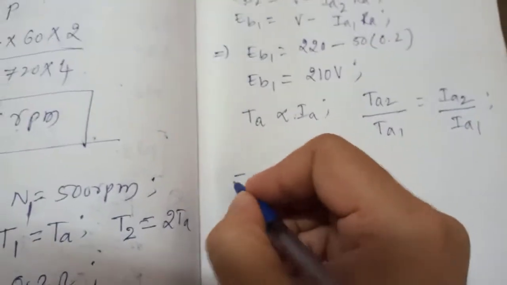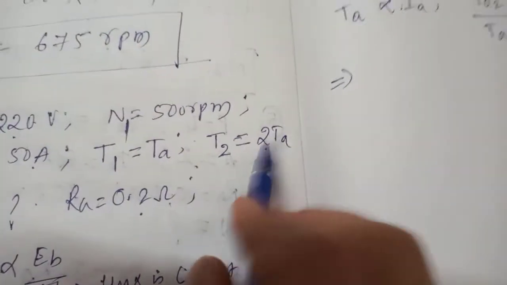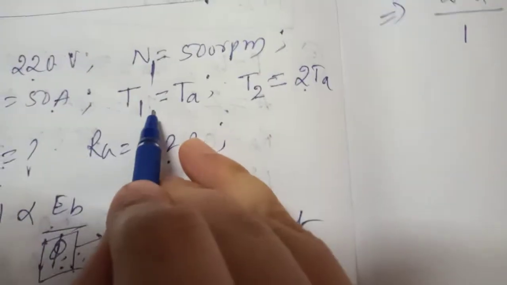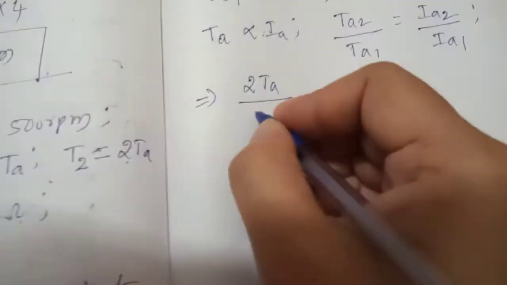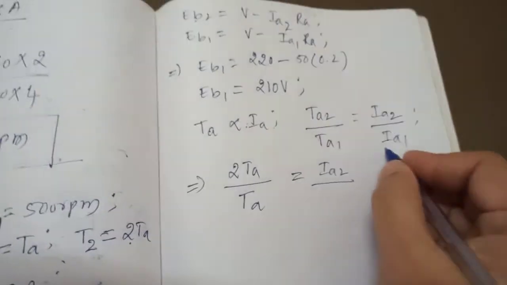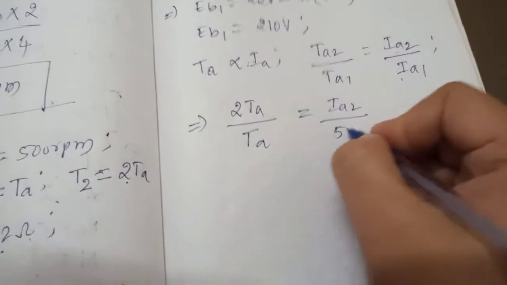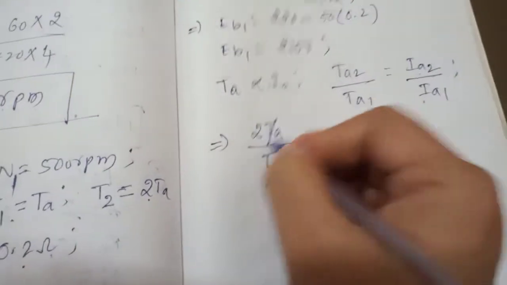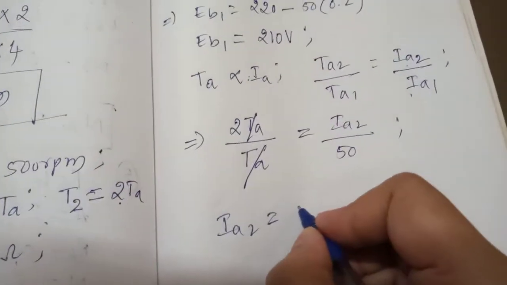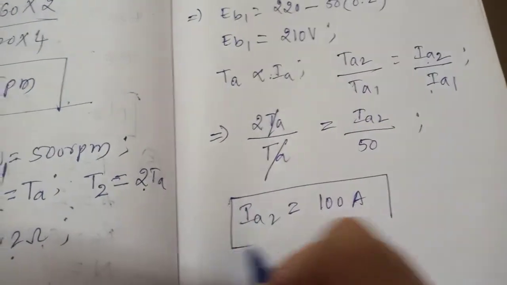So TA is directly proportional to IA. TA2 divided by TA1 is equal to IA2 divided by IA1. TA2 is 2 into TA, double the previous torque, and TA1 is TA. IA1 is 50 amps. So TA cancels, and IA2 is 2 times 50, that is 100 amps.